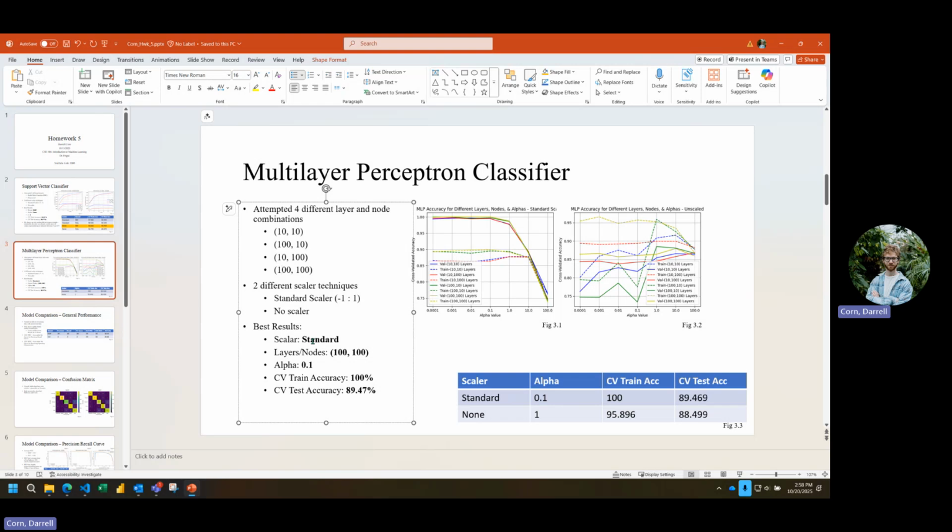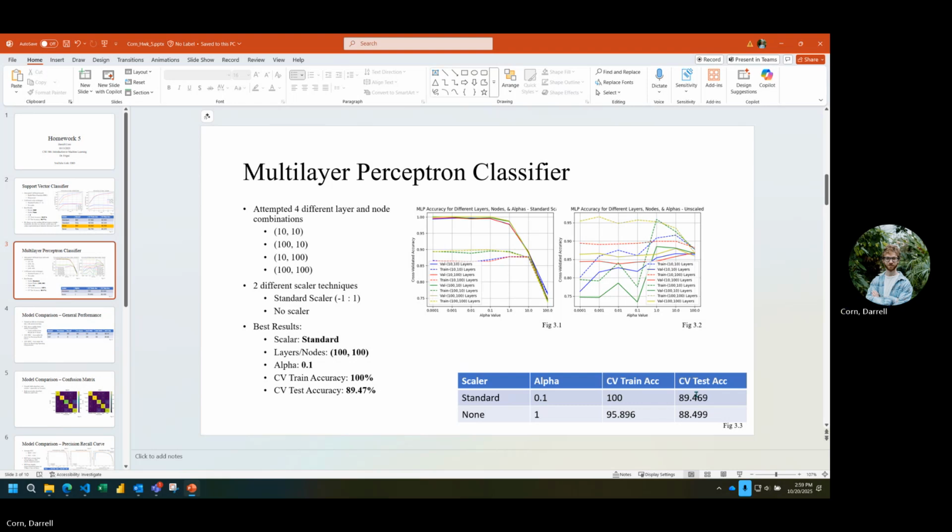The best parameters I found were with a standard scaler this time, with 100 layers with 100 nodes each, and an alpha of 0.1. This did give a training accuracy of 100%, so it's overfitting a little bit. So we'll bump up the alpha for remaining tests.